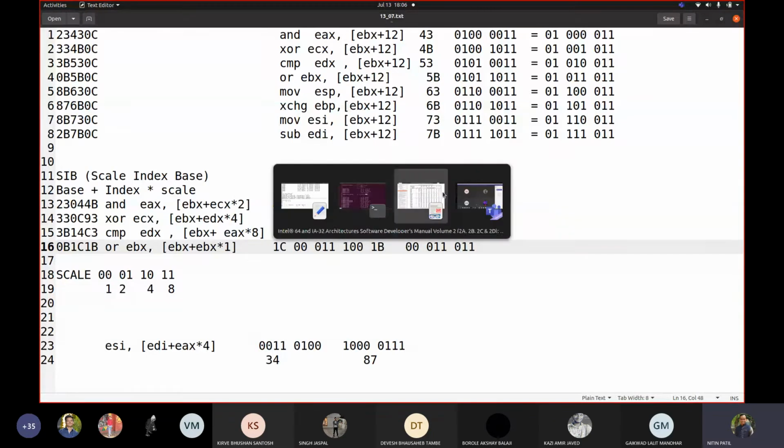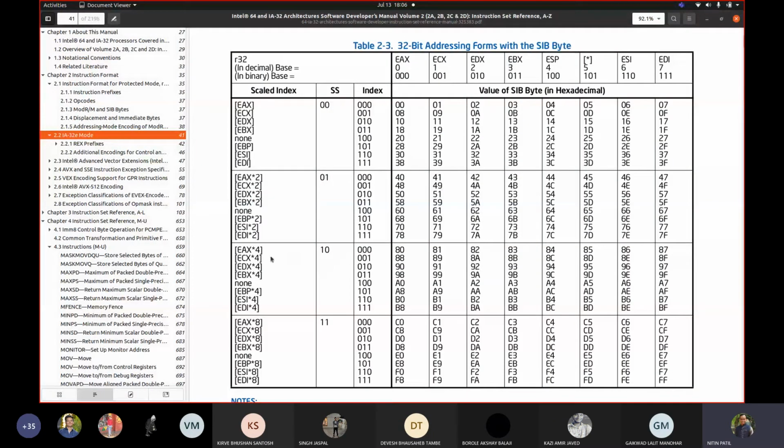So let us see in the PDF. Is there a row for EAX multiplied by 4? See, this is EAX multiplied by 4, and here it is 85. So if you are using any variable as a base, then you will always get this 85 if it is EAX. If you use ECX, then you should get 8D.